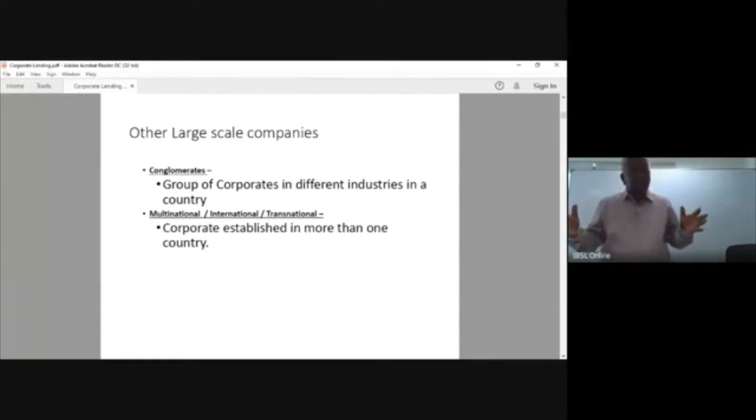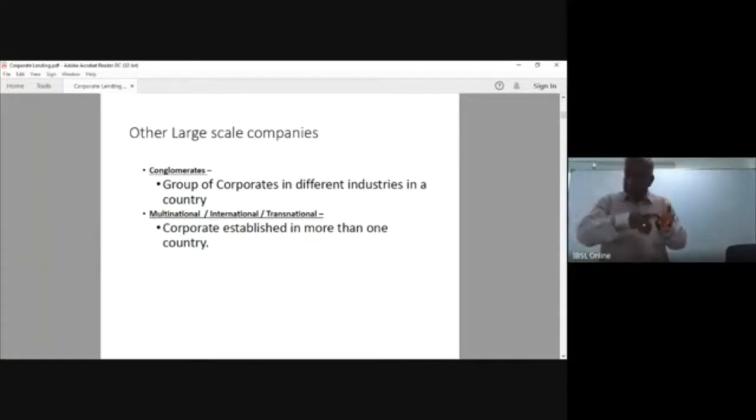What are these? Corporates established in more than one country. We call them multinational, international, or transnational companies.